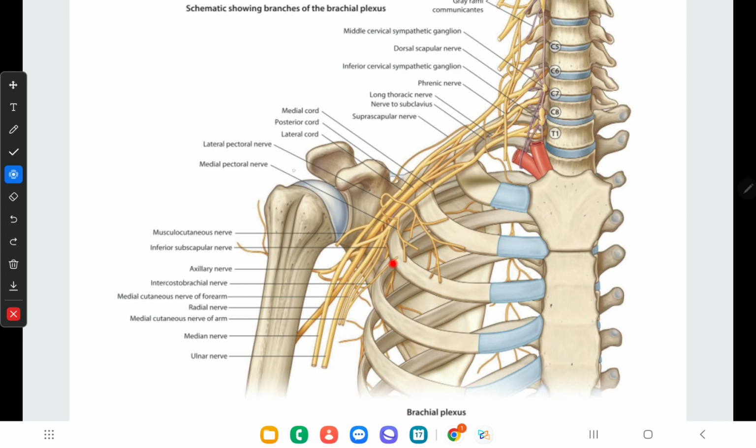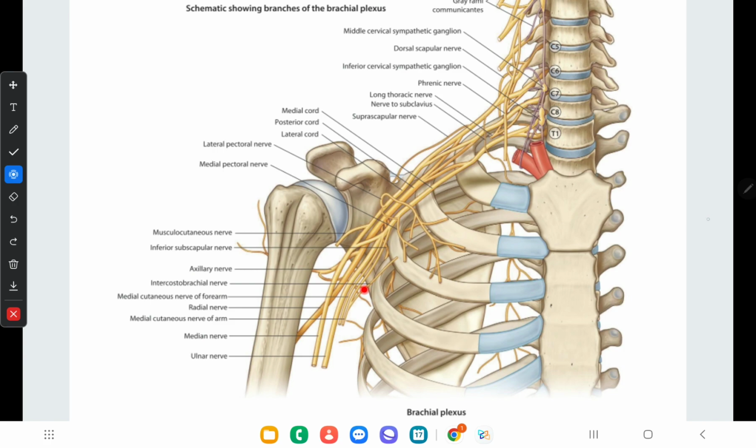Then from the lateral cord there is another small branch, the lateral pectoral nerve here. So those are the branches that you can see in this picture. It is a quick summary of the brachial plexus.